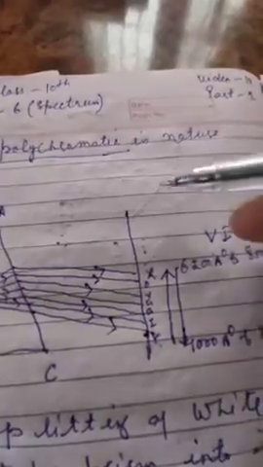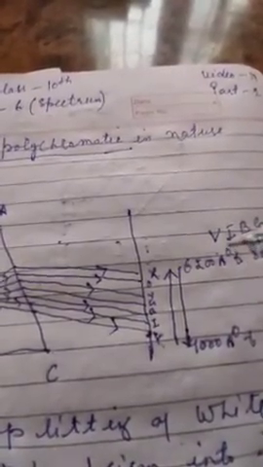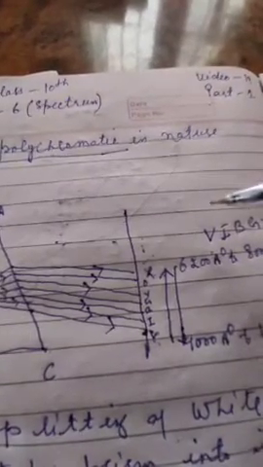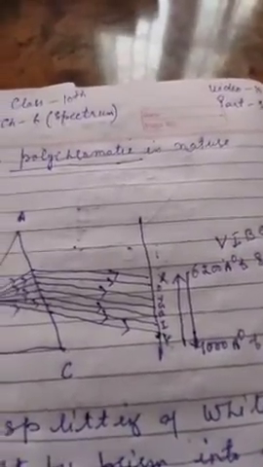So this non-visible spectrum is known as the electromagnetic spectrum. What is it known as? Electromagnetic spectrum.